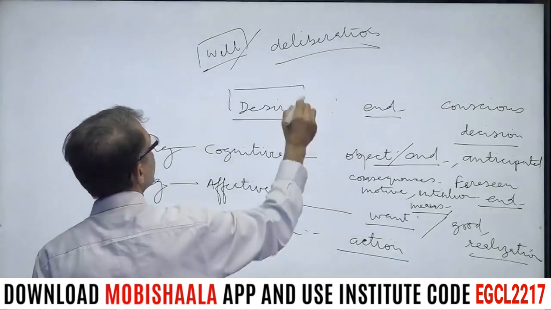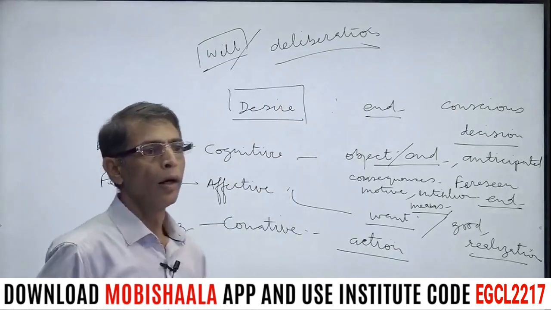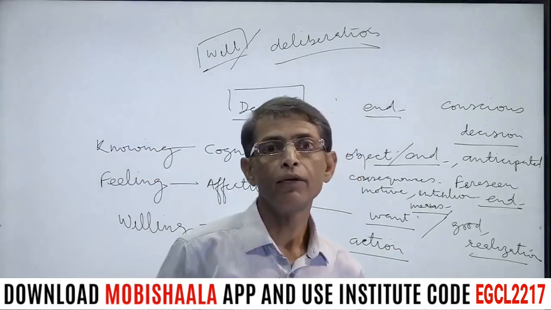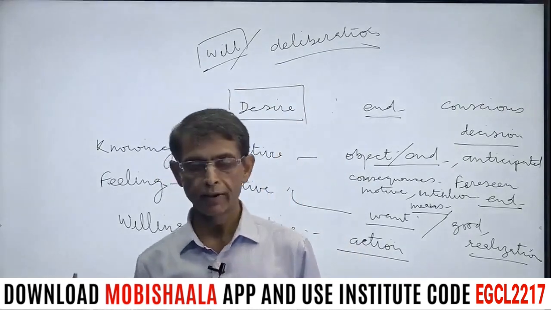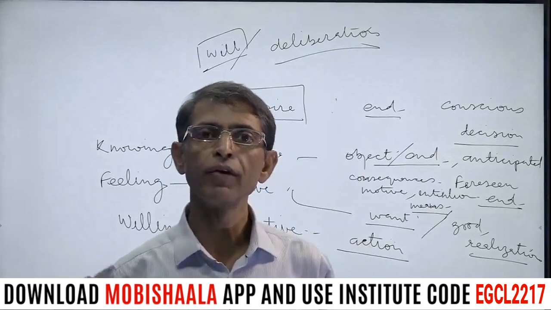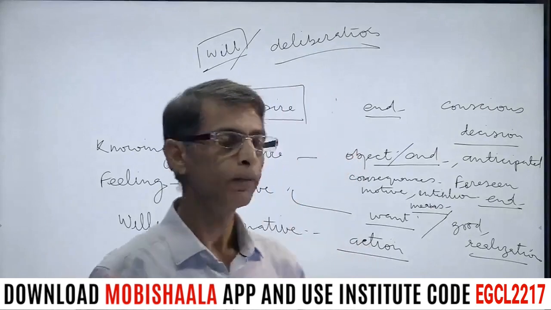So we have discussed the desire. And now what is the relation of desire with the self and its character? So there is a relation of desire with the self and its character.